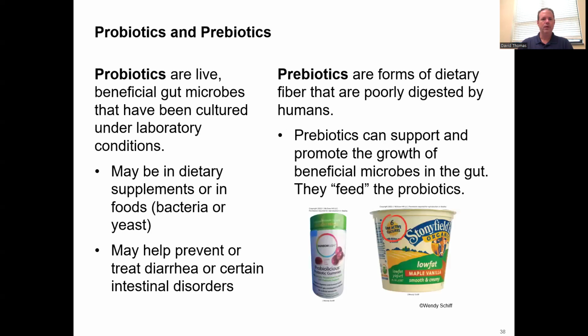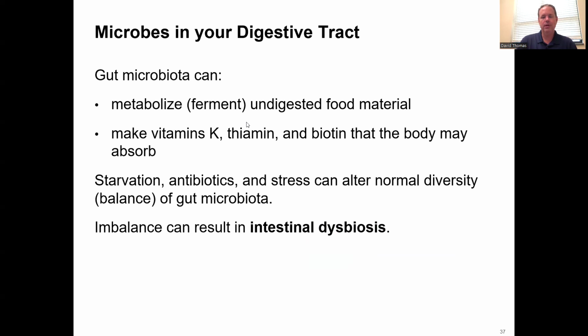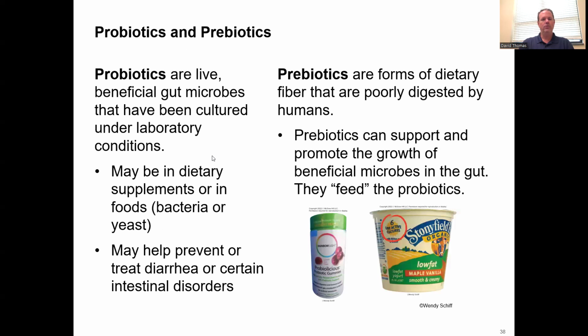Okay. So what can we do to restore that balance? Because we need these. These things help us to digest some of the foods that we can't normally digest. They just help our body in several different ways. So it's always good to keep this in check. One thing you can do: you may see these words and not know the difference, probiotic and prebiotic.